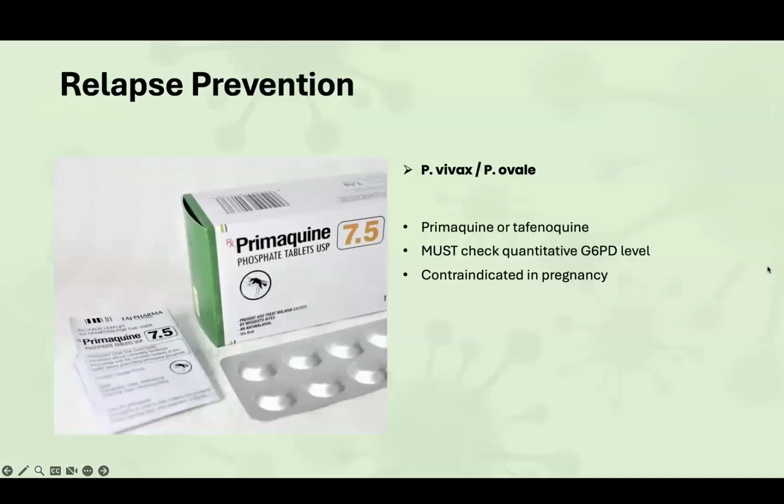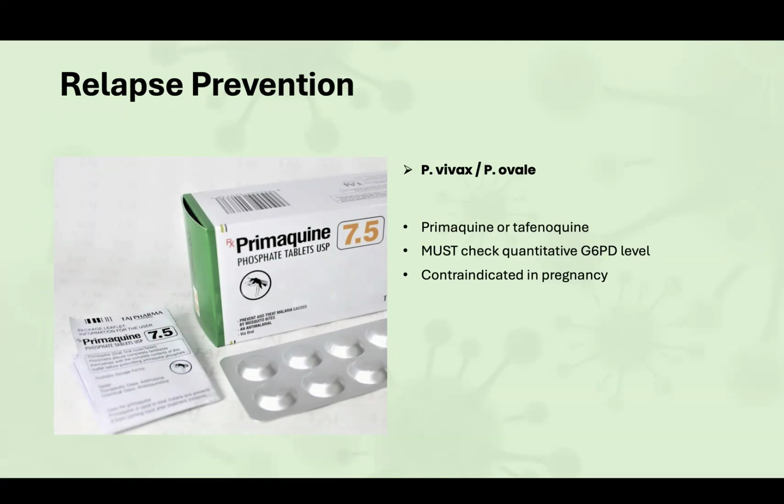A big thing, like I mentioned before, with malaria is relapse is a problem, especially with Plasmodium vivax and ovale. So we need to prevent the relapse, because the blood stage treatments alone are incomplete treatments.